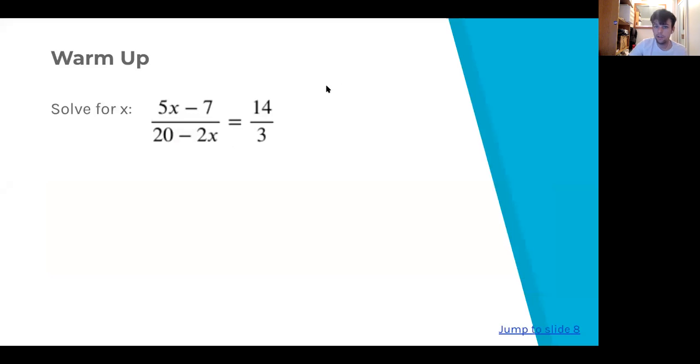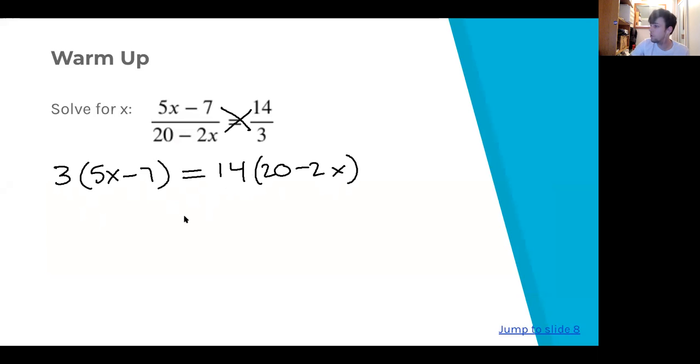This is day 2 of this lesson. So let's just do a quick proportion. We're going to end up solving a lot of proportions when we deal with similar triangles or similar polygons. Let's go ahead and solve this one real quick. Cross multiplying: 3 times 5x minus 7. Feel free to pause this and try it on your own if you want to. And then 14 times 20 minus 2x.